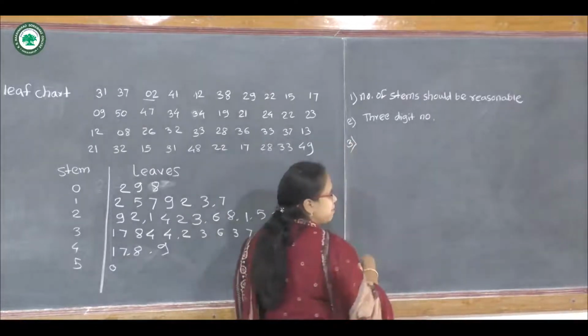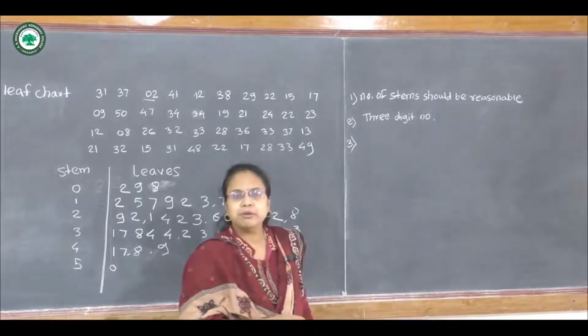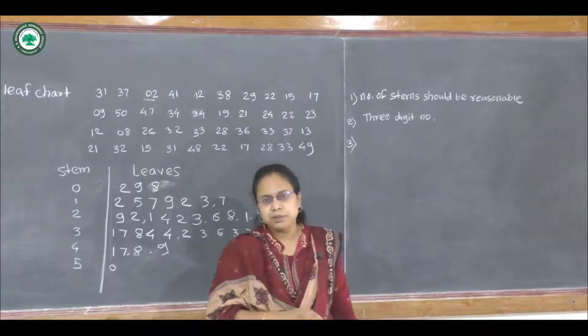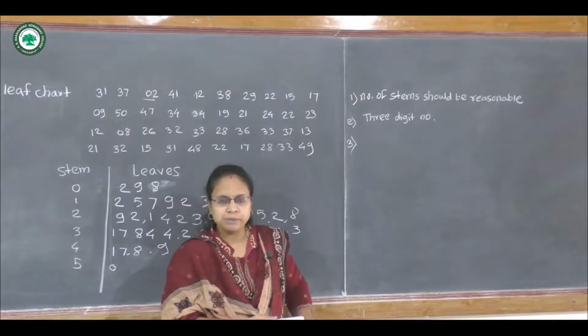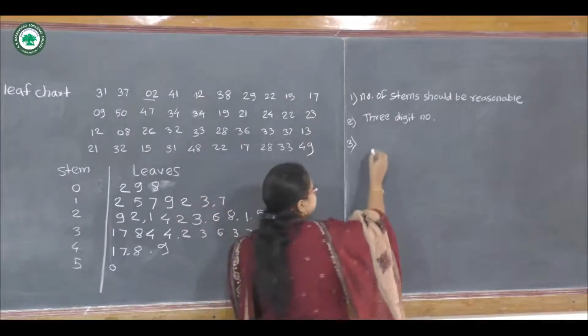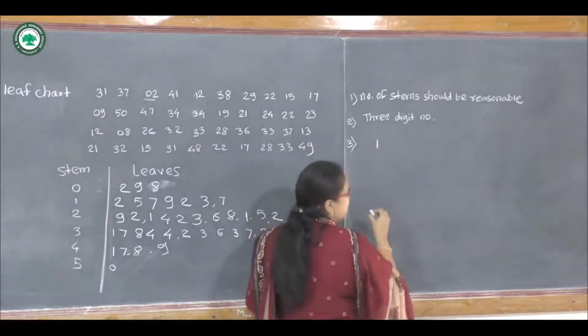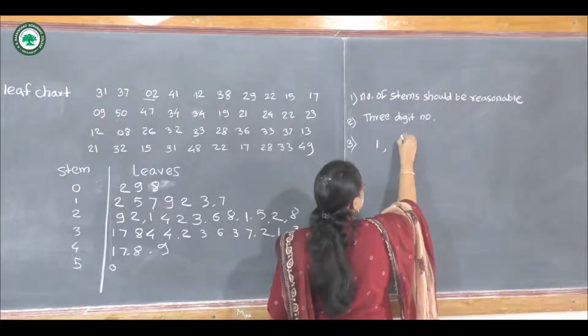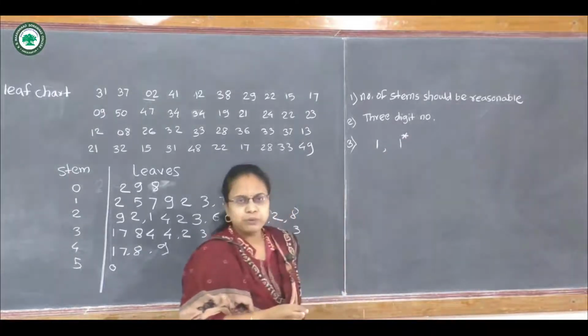Then the third remark can be stated as, suppose there are too many leaves for a stem, then we can split that stem. Suppose 1 is a stem, then we can split it as 1 and 1 star.